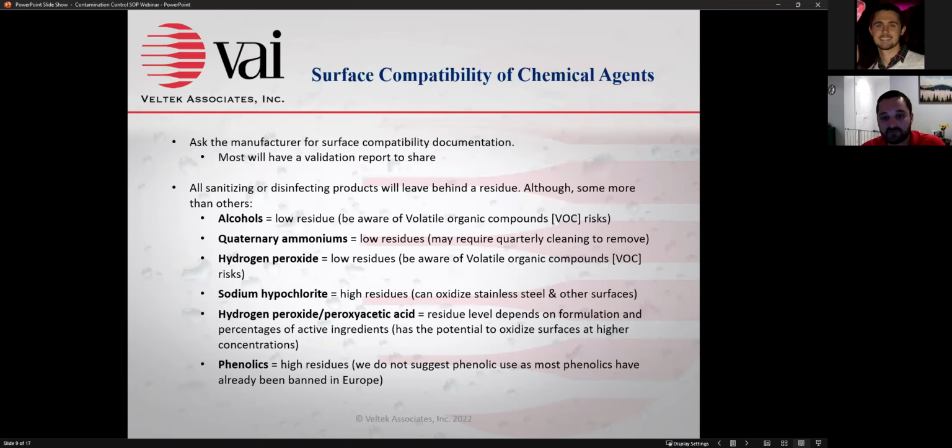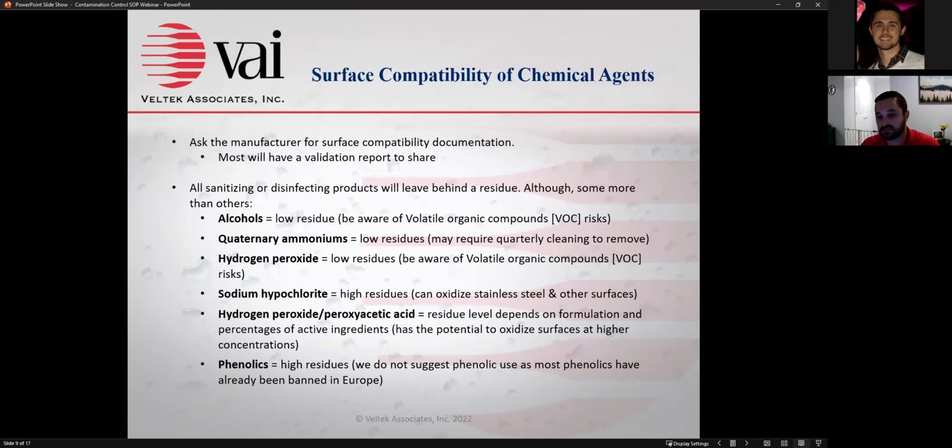All of them have to have those active ingredients, or the guts of the product, to work, some more than others. So I just listed here the most common active ingredients or active formulations of disinfectants, sanitizers or sporicides that you'll see on the labels. First is alcohols, 70% IPAs, ethanols. They're very low in residues, but you do have to be aware, if you're using these on large surface areas, of the VOC risk, the volatile organic compounds.